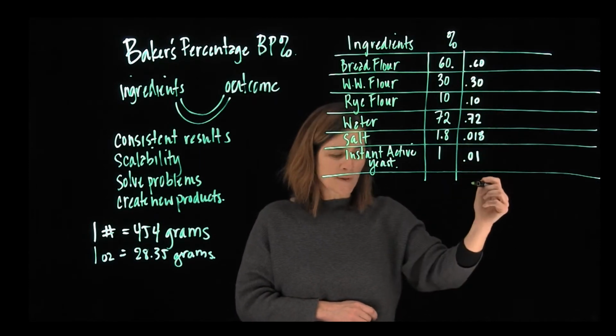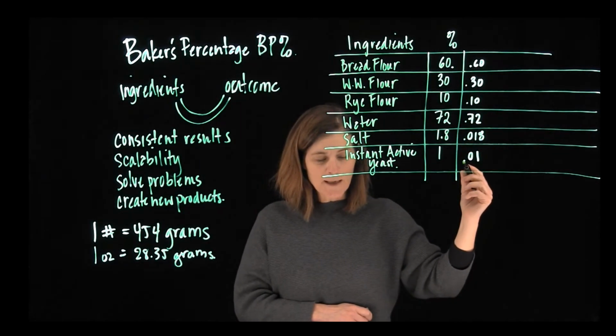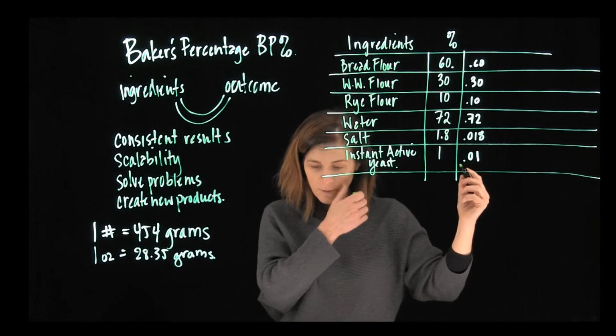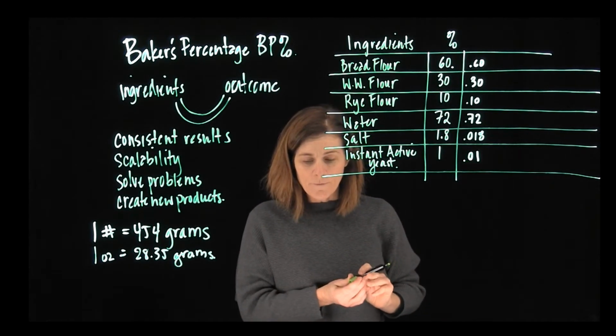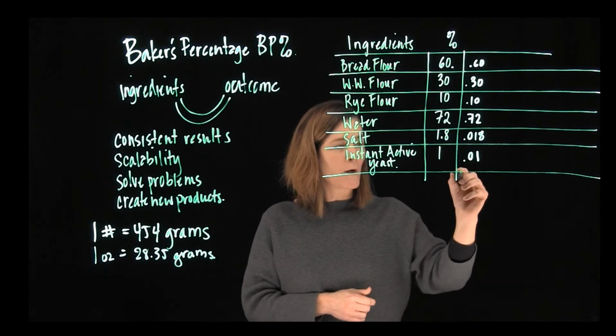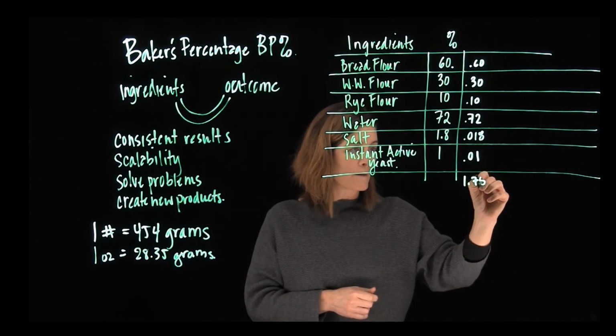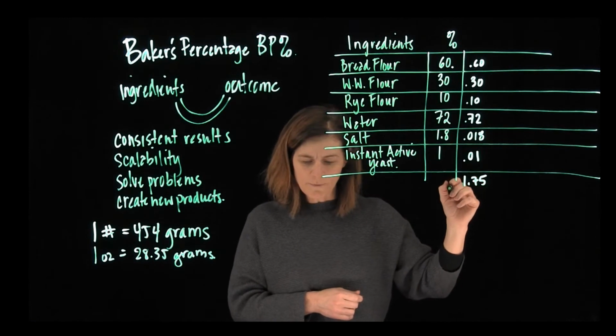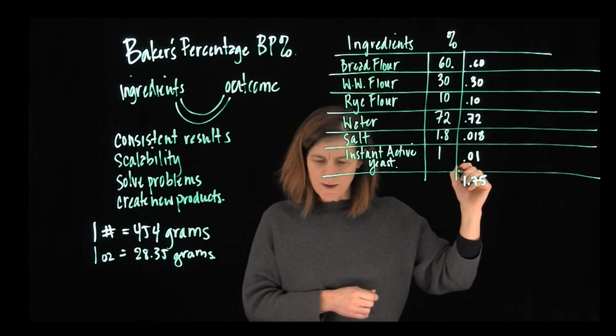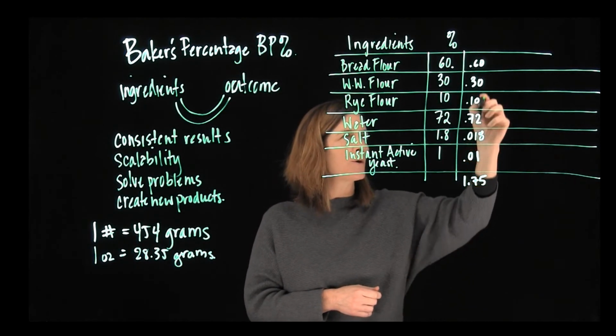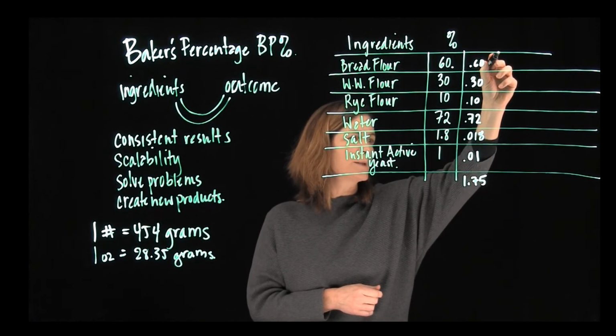You add all these up together, so what that's going to end up being is you're going to get a total percentage for all of those, and that's going to be 1.75. We're going to go with, it's actually 1.74. Yeah, so we're going to use that as our percentage.